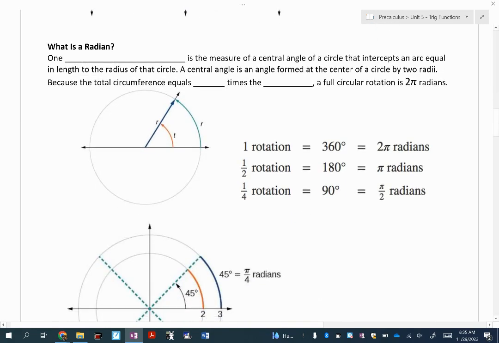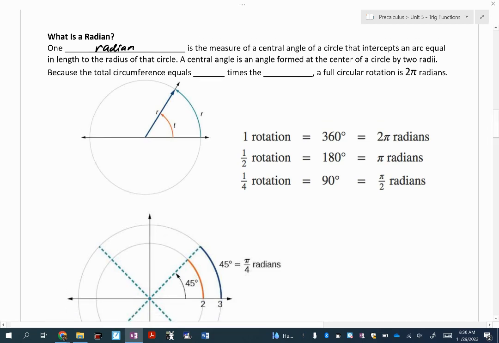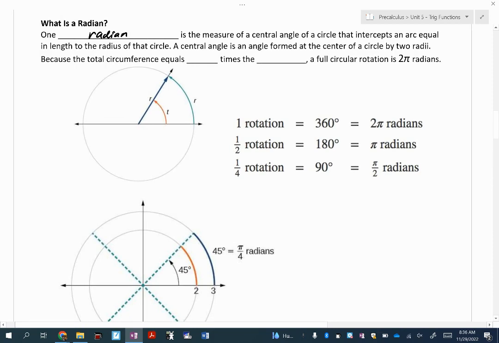Okay, let's get into what a radian is. All right, now a radian is the measure of a central angle of a circle that intercepts an arc equal in length to the radius of that circle. All right, now it gets into a little bit here about using that idea of the circumference of a circle. If you remember, circumference is 2 times pi times the radius, but I'm not that worried about it.